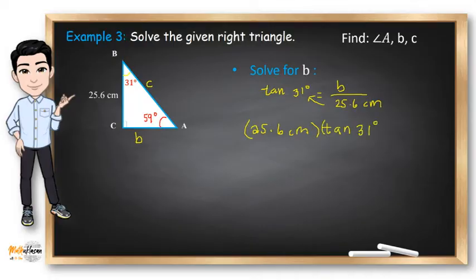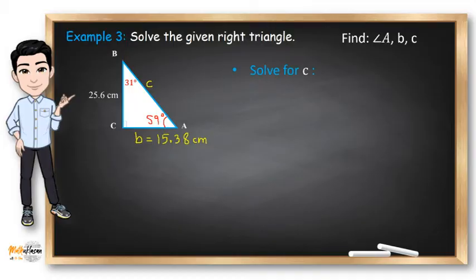And that is equal to B. By using your calculator and making sure that it's in degree mode, the answer is 15.38 centimeters. Ayan. So, nakuha na natin yung value ng B by using tangent.